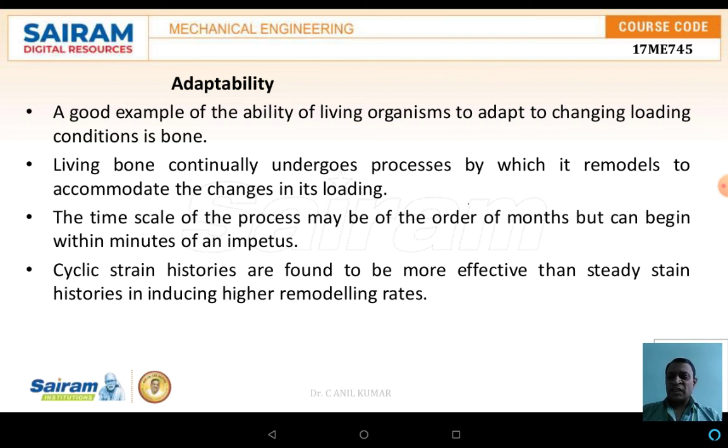That growth cannot be obtained within a minute, but it can be obtained over a period of a month or more.